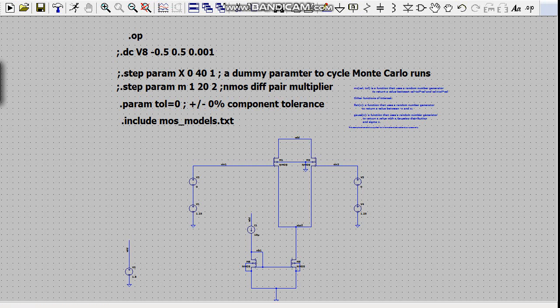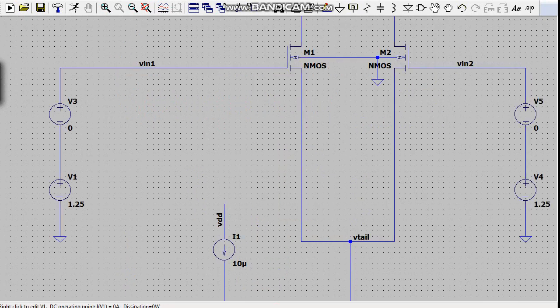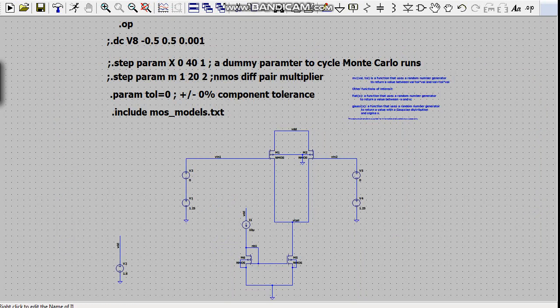We are taking this diff pair, and if I zoom in, we are taking 1.25 as VCM, and 0 differential input. So Vin1 and Vin2 are both at 1.25. The reference current is 10 micro, and here we are taking a 50 microampere tail current.